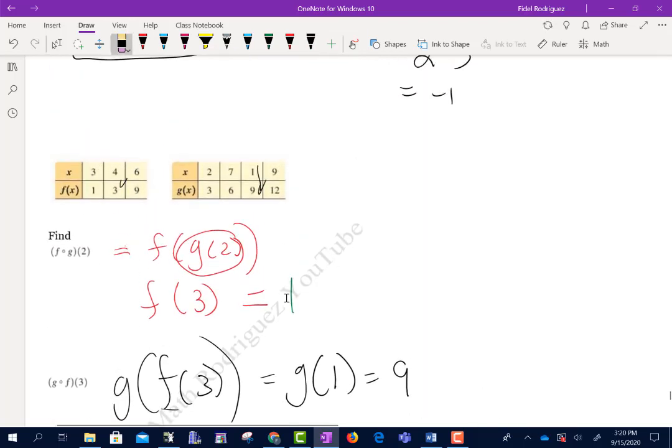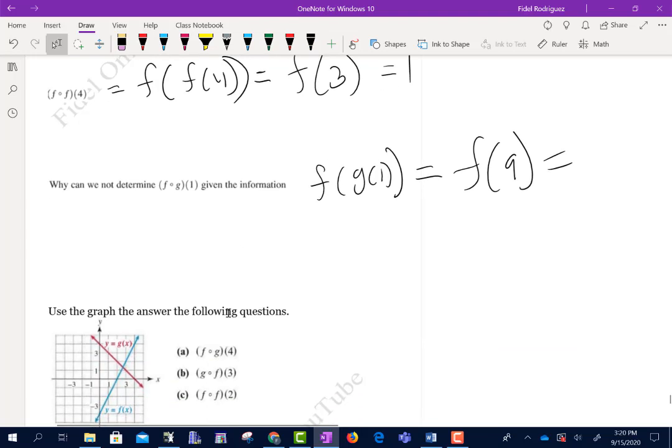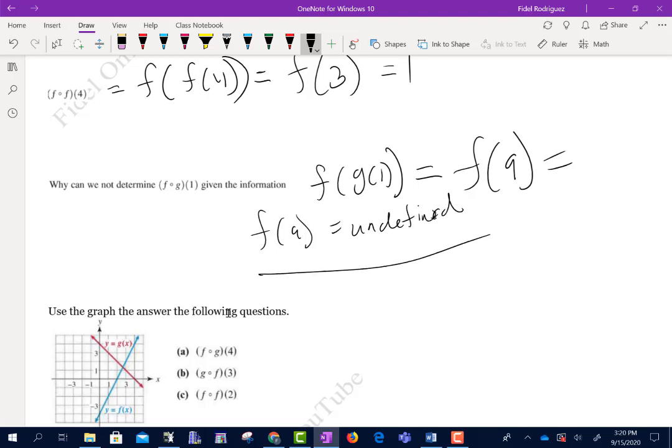And I come back here, let me erase this, but you notice the function is not defined at 9, right? So what we would say here is f of 9 is undefined. We don't know what the value is at that point. Okay.